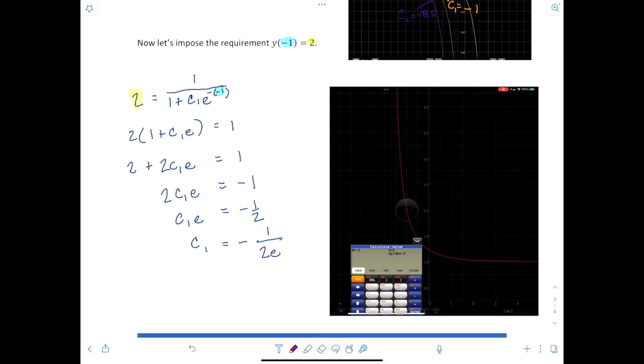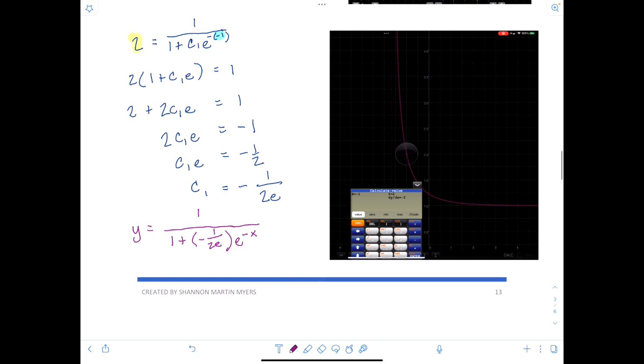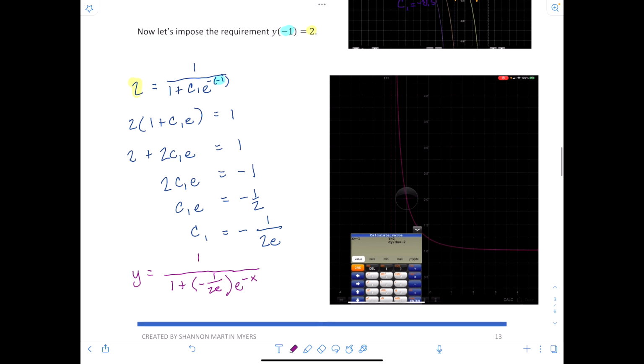We ended up getting y equals, actually, put it over here. y equals 1 over 1 plus (-1 over 2e) times e to the negative x, which provided us our particular solution.